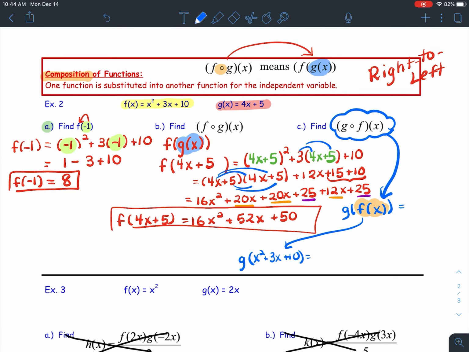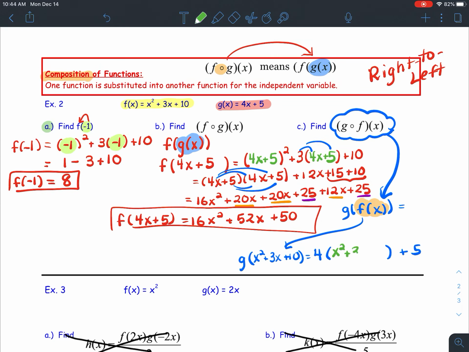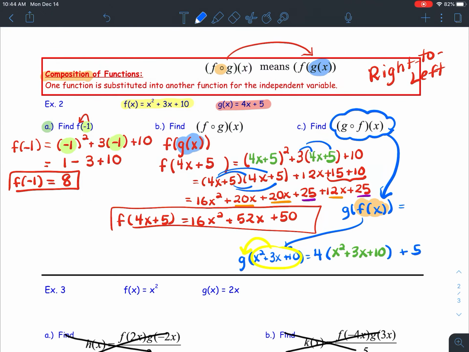Okay, so I'm going to write out equation G. I'm going to need to put a really large set of parentheses where the x is located. And inside those parentheses, I'm going to substitute x squared plus 3x plus 10. Okay, once I have made that substitution, and so it's essentially this is going into that equation for all the x's. Once you have made that substitution, you can go ahead and just simplify what we have here. I'm going to distribute a 4.